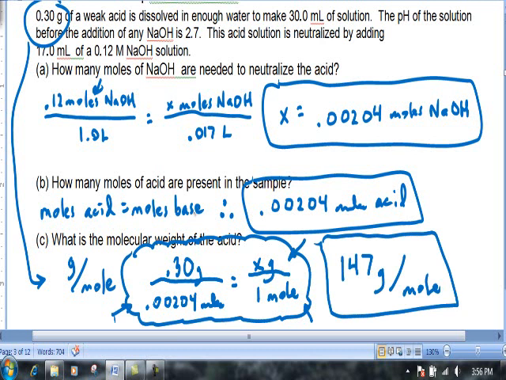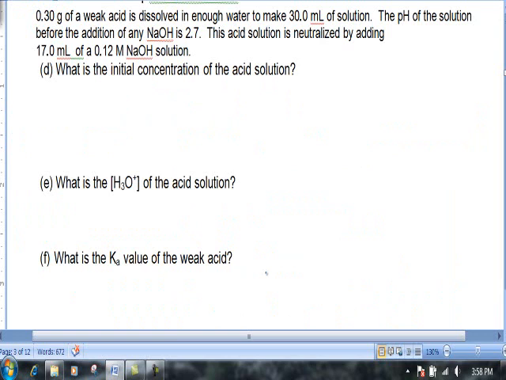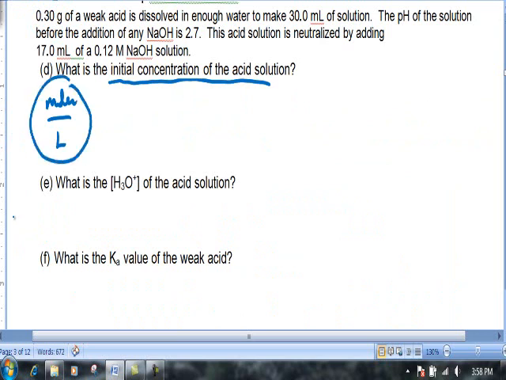The next question asks us to find the initial concentration of the acid solution. Now, concentration is measured in moles per liter. To find that, we have to know two things. We have to know the moles and the liters of our weak acid prior to adding any base. In the previous calculations, we found that we had 0.00204 moles of acid present in our sample.